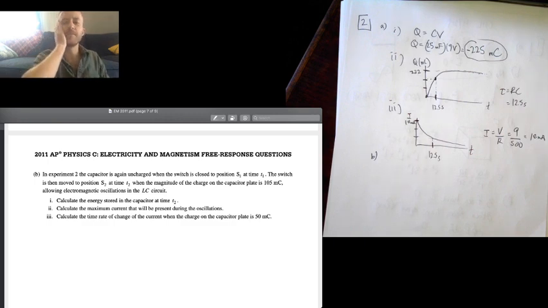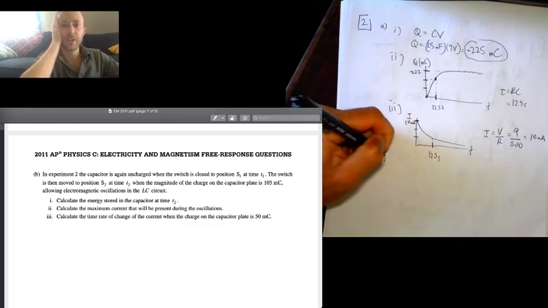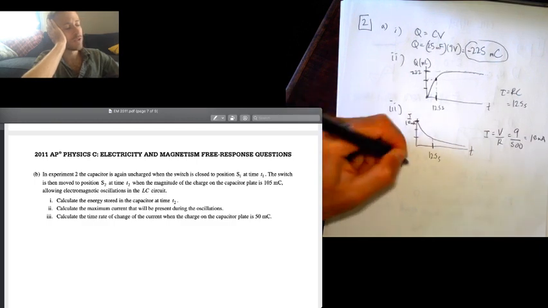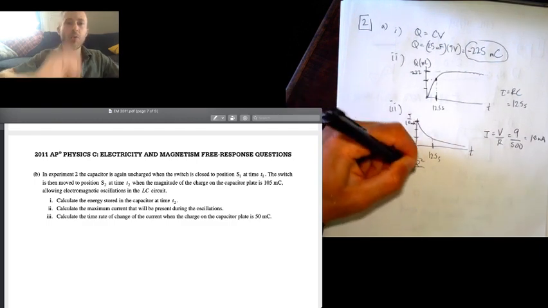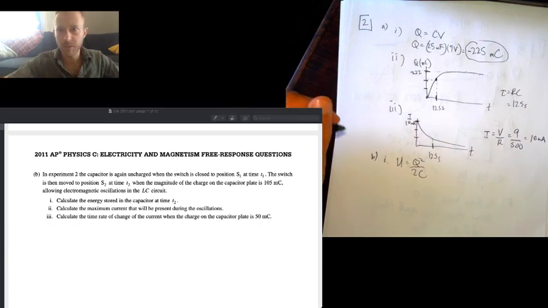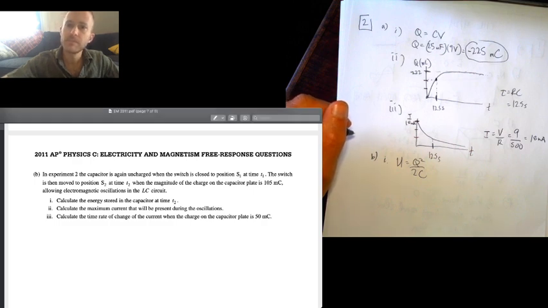All right, so part 1 says calculate the energy stored on the capacitor at time 0. So energy is Q squared over 2C. Why did I write the energy in that way instead of the many other ways it can be written? It's because it told me the charge on the capacitor.